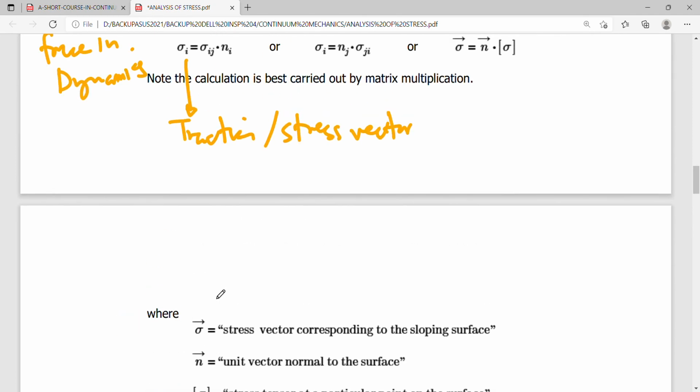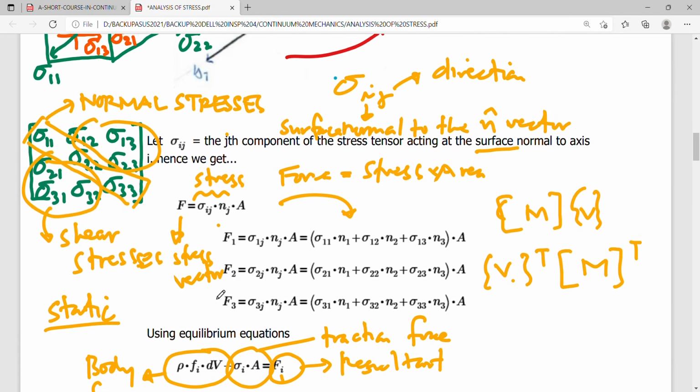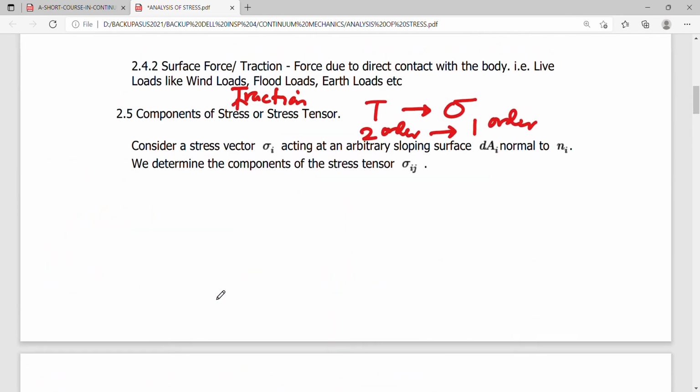Okay, so that's it for the first part of our introduction to the analysis of stress.